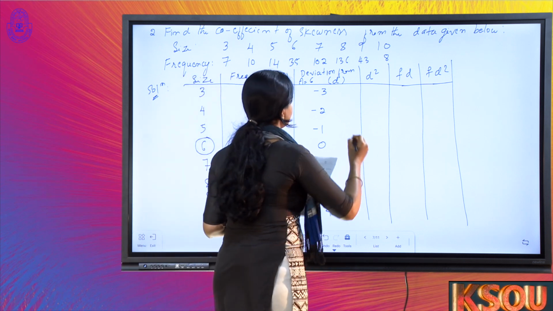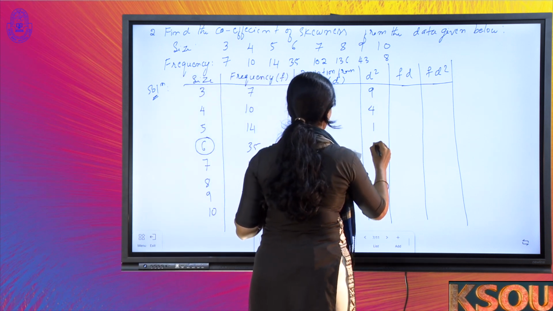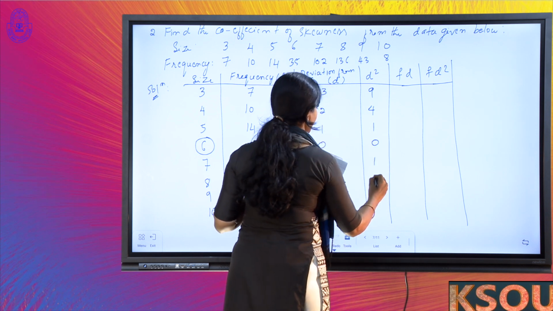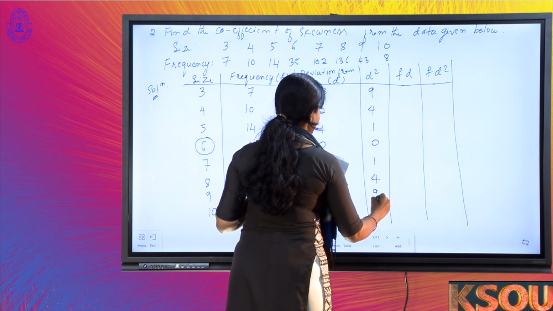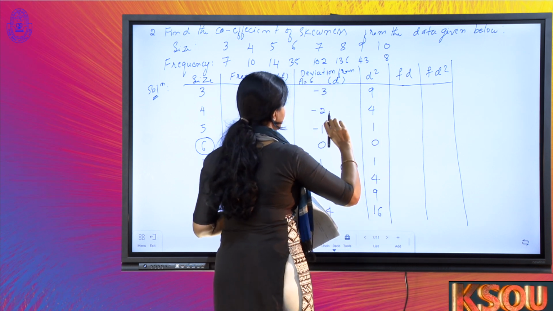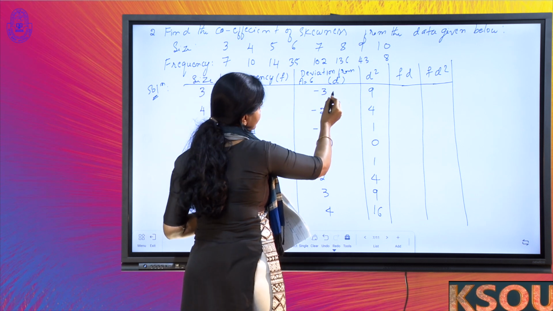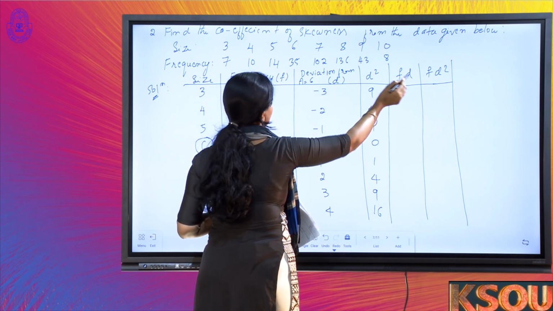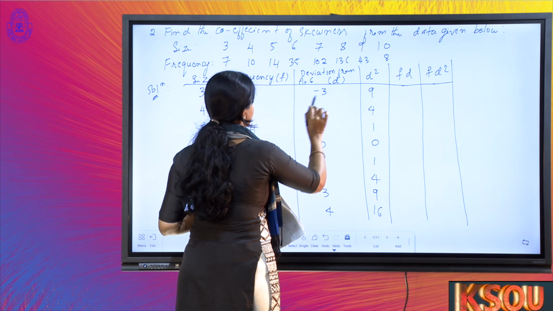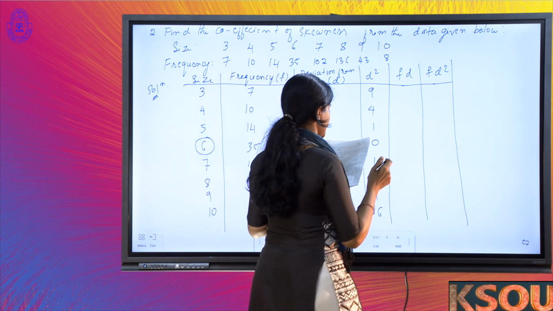Then you can take the square of them, that is 9, 4, 1, 0, 1, 4, 9, 16. Now you can take the multiplication between frequency and d value, that is f into d, 7 into minus 3, 10 into minus 2, like that you will have to check the values.